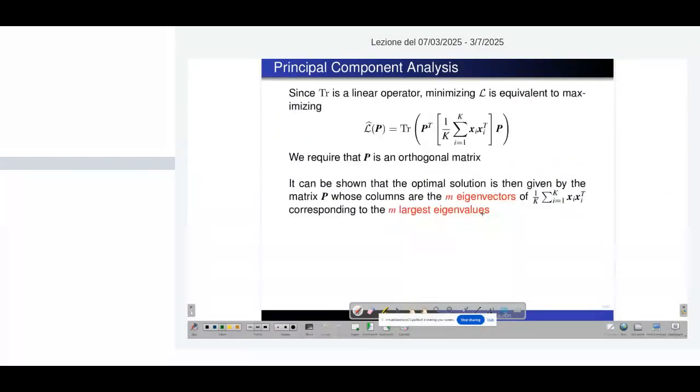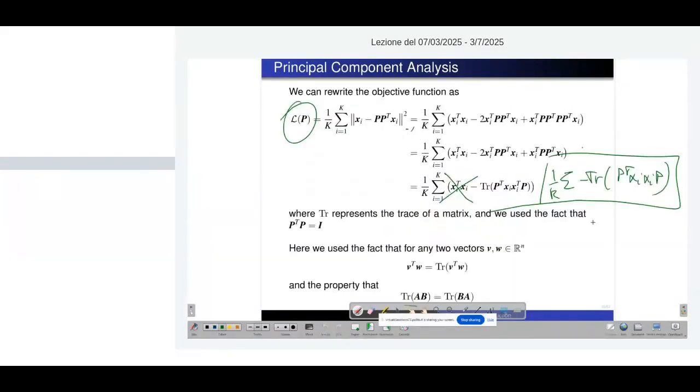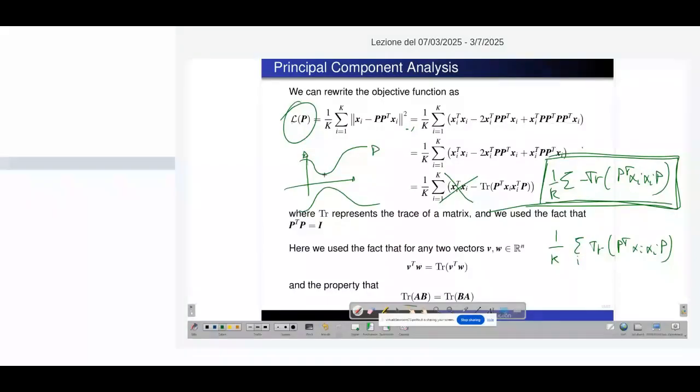The minimizer of this expression can be obtained by looking at what? If this is the function that I want to minimize, I can alternatively maximize minus that expression. Imagine that this is a function of the parameters P, and I change its sign; then the minimizer of the original function will be the maximizer of minus the function.